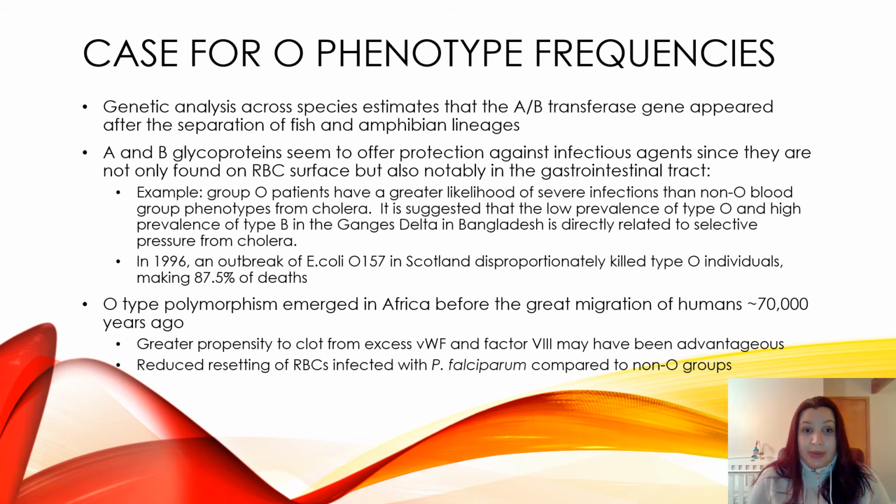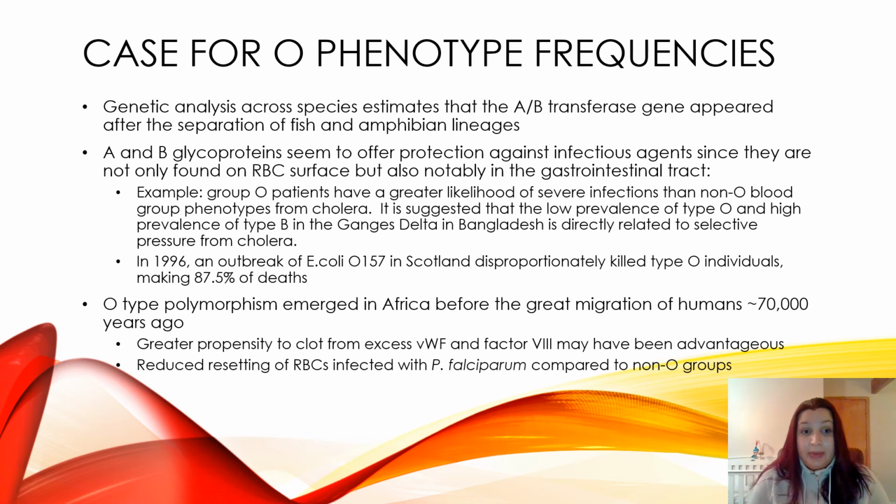So, for example, group O patients have a greater likelihood of severe infection with cholera, and it's suggested that the reason for a low prevalence of type O people and a high prevalence of type B people in Bangladesh is directly related to natural selection from cholera.